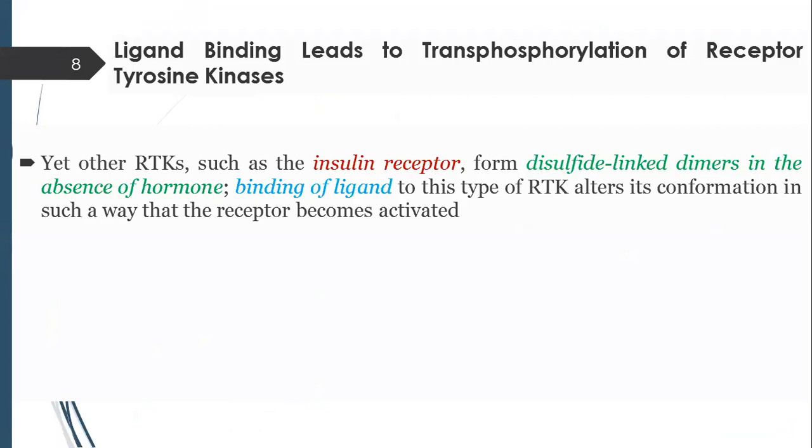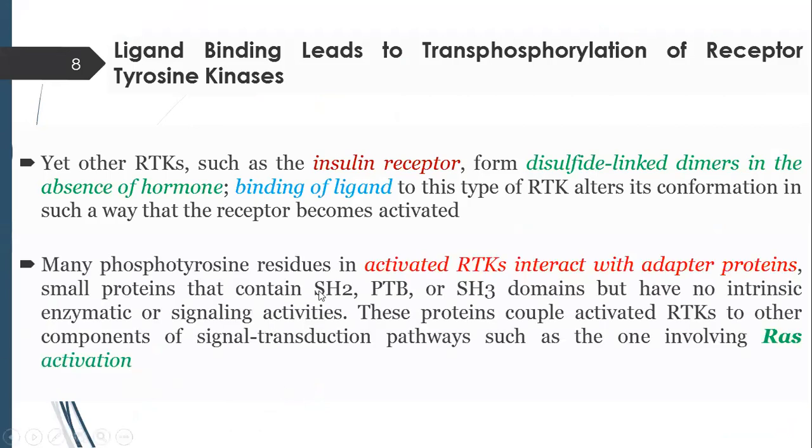So the many phosphotyrosine residues in activated receptor tyrosine kinases interact with adapter proteins. This is a bit different from the previous one that we already know.